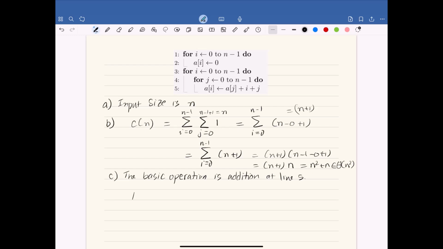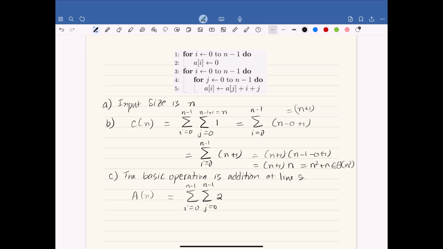So here we say A(n), the number of times the addition is executed in the innermost loop, is equal to the outer loop summation, i goes from 0 up to n minus 1, multiplied by the inner loop summation, j goes from 0 up to n minus 1, and in every iteration of the inner loop we have 2 additions, so the inner summation has 2.